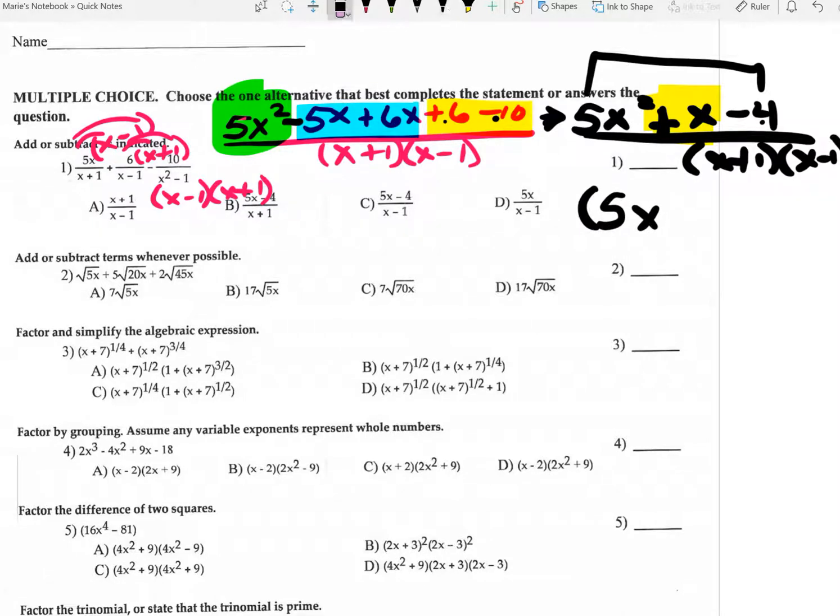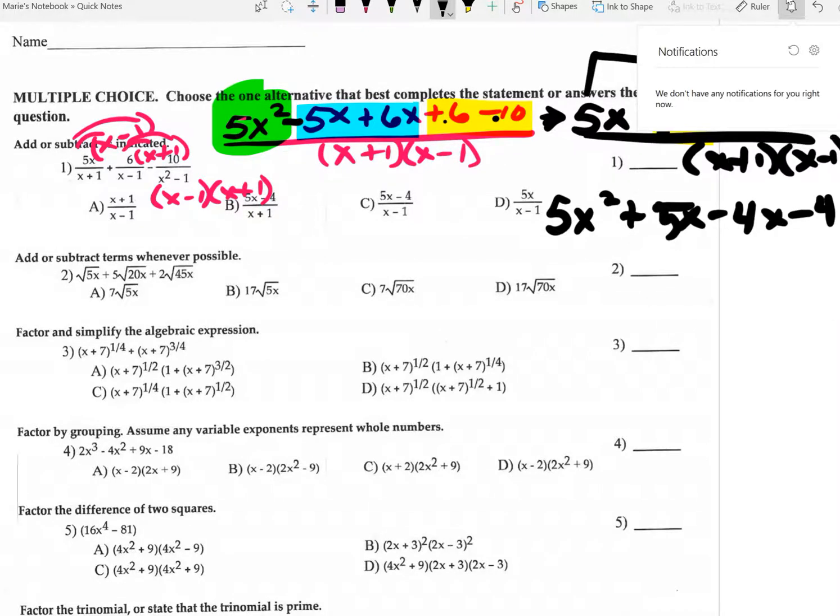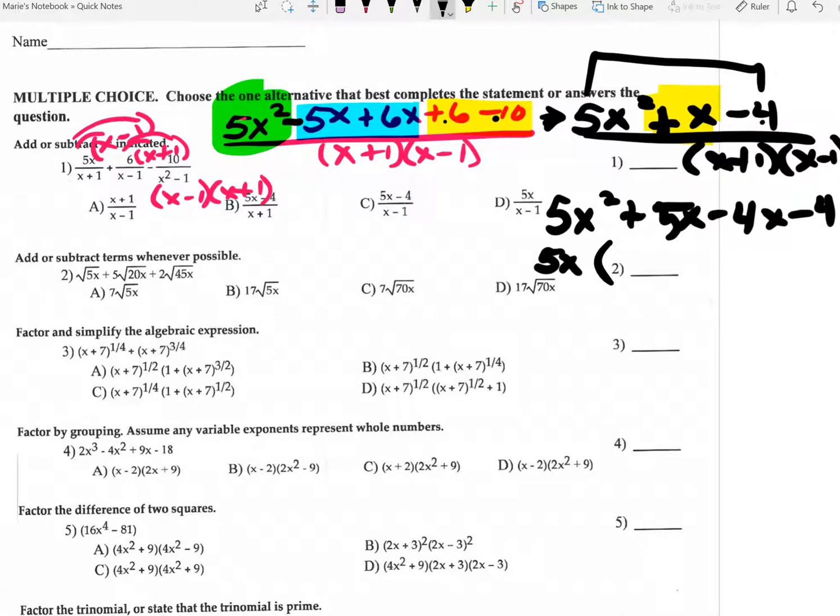Actually, if I extended it, using the AC method, I would use 5x squared plus 5x minus 4x minus 4. And so now we do factor by grouping, and so what's common to both of these sides is the 5x, so I'll take a 5x out, and this will leave me with x plus 1.